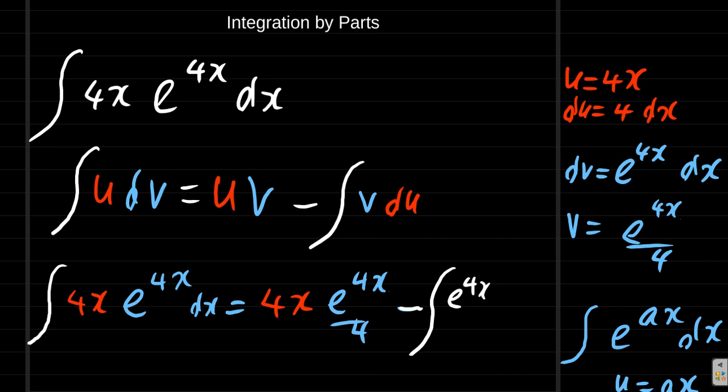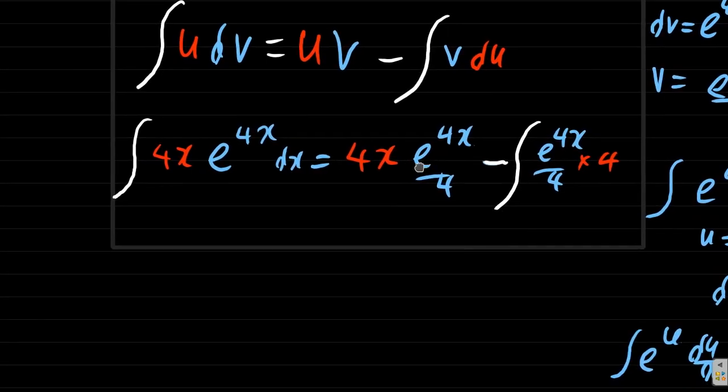Let me rewrite that. v is in blue. e to the 4x over 4 times du. What is du? du is 4 dx. Alright? So, what do we have here?